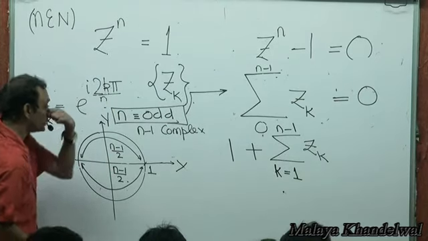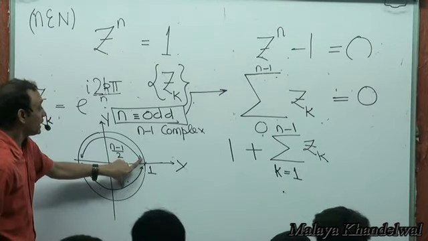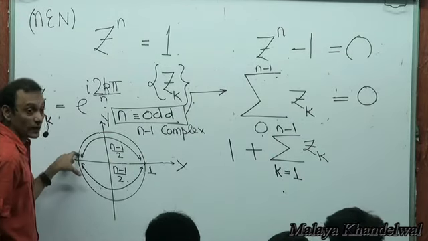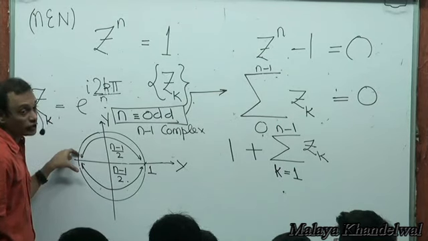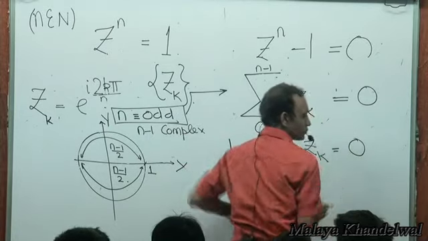Right, what I could do is, I could take k equal to 1 to n minus 1 by 2 as all the roots lying on the upper half, right? All of this must add up to 0.